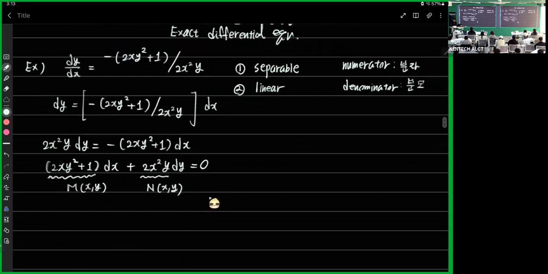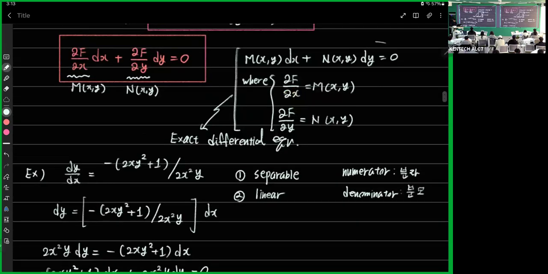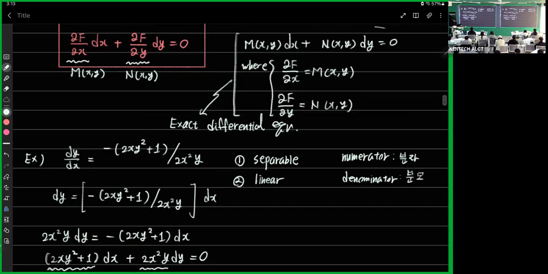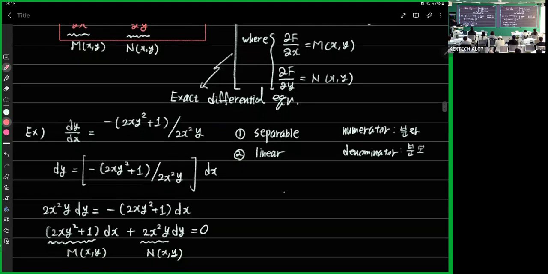That's not the end. To show that this is an exact differential equation, we have to show that M is really partial f over partial x, and that N is really partial f over partial y. But we do not know f, because f is the solution. So here's the idea. From here, partial f over partial x is M, right?